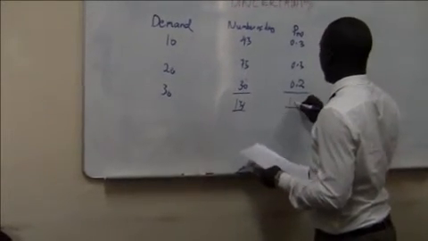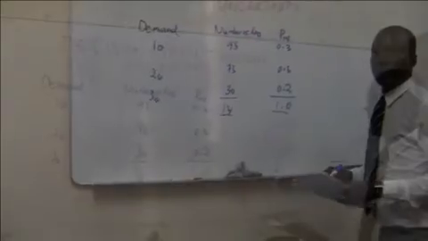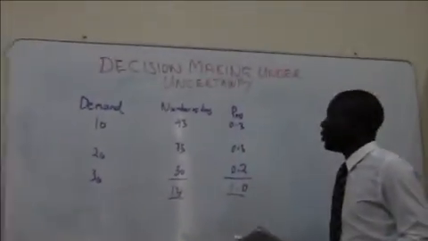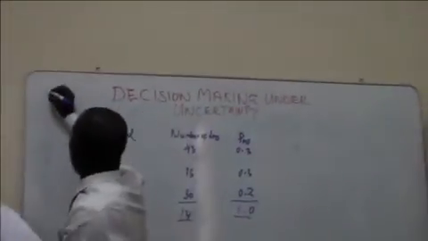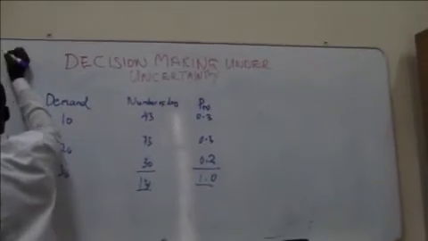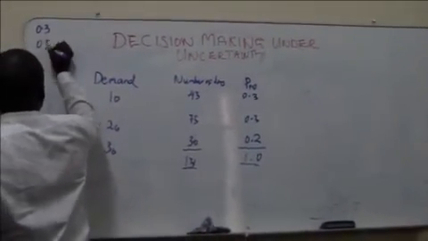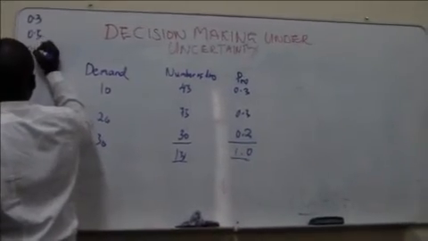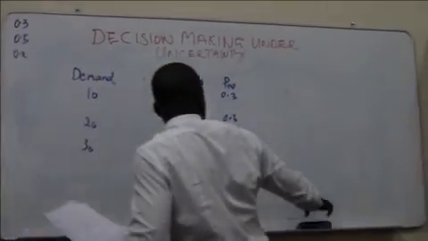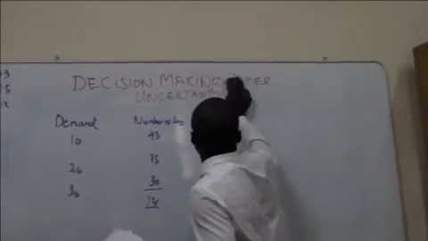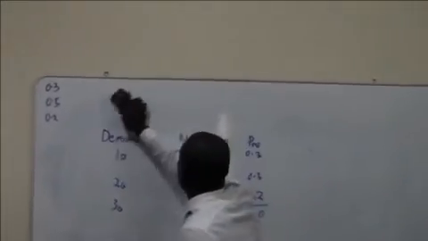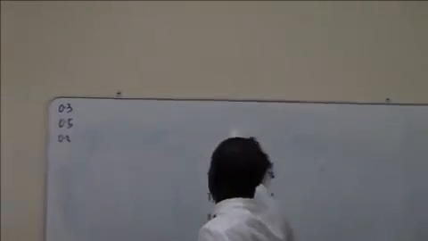This gives me a total of 1.0. So we have our probability distribution. I'll just keep them in the corner because obviously I'll need to use them at some point. So we have 0.3 there, 0.5 there, and 0.2 there. Now just rub this off, so I just have more space on the board.